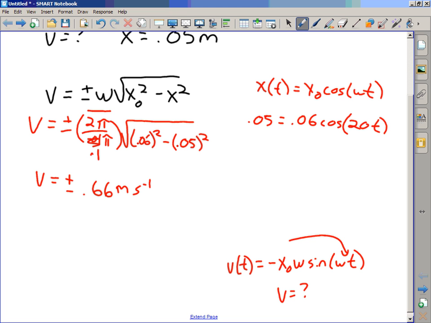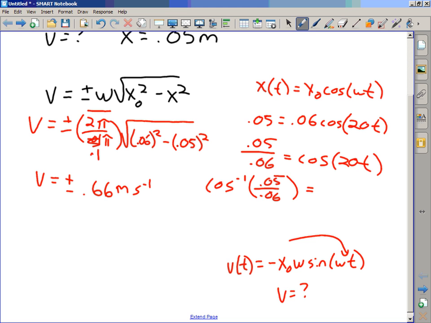Are we okay with this? Yes. Okay. Divide both sides. So now I get 0.05 divided by 0.06 equals cosine 20t. Next step, cosine inverse. Cosine inverse of 0.05 divided by 0.06 equals 20t.